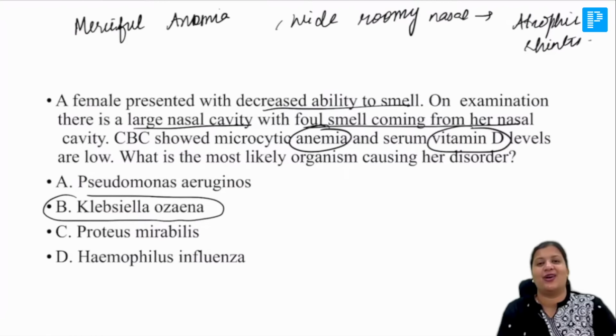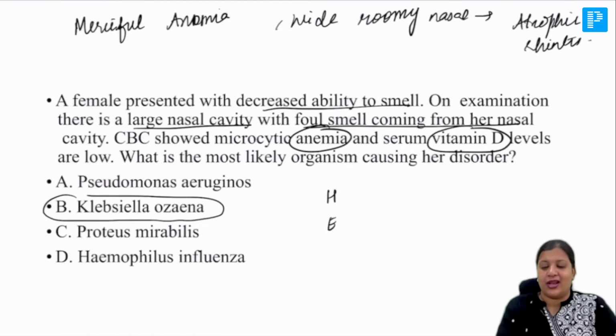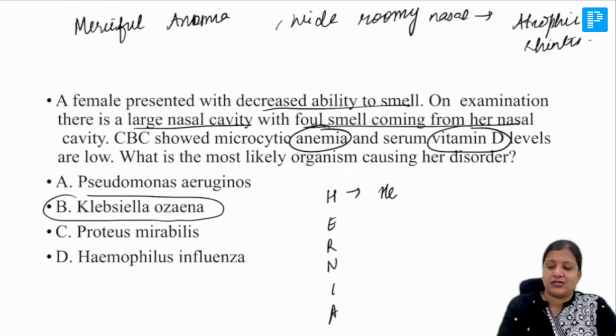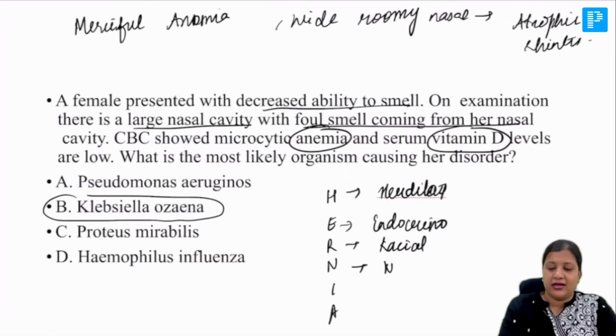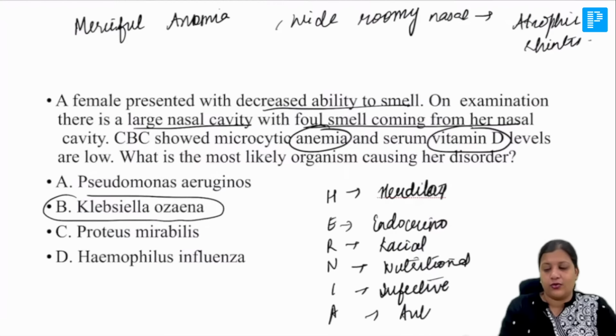The mnemonic to remember here is HENRIA, where H stands for hereditary, E stands for endocrinological causes, R is for racial, N is for nutritional, I is for infective, and A is for autoimmune.